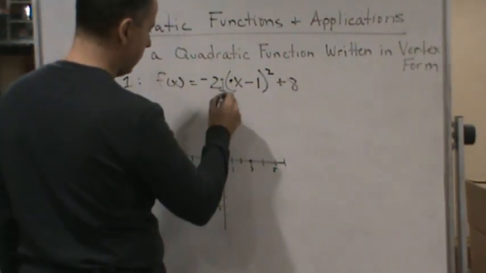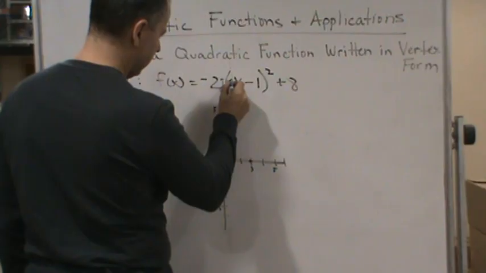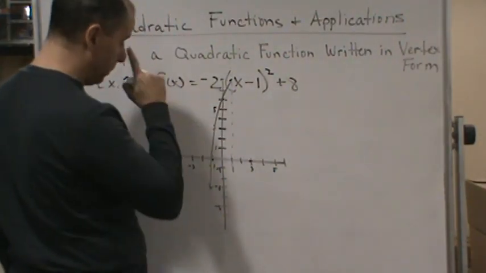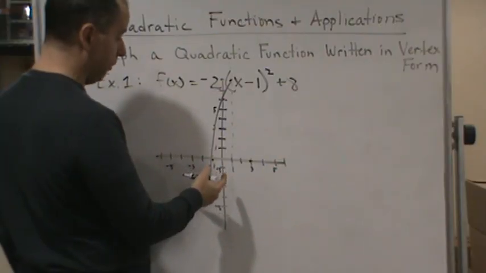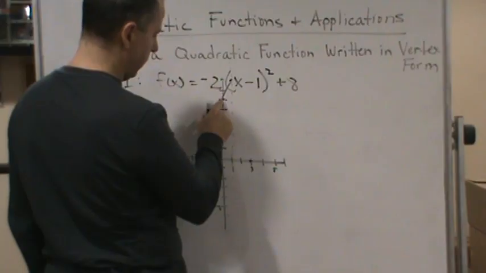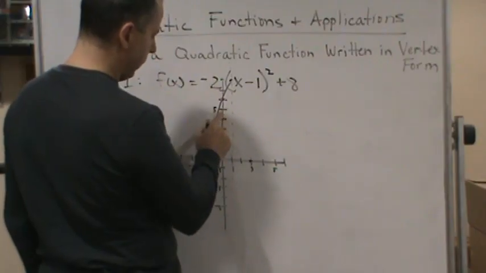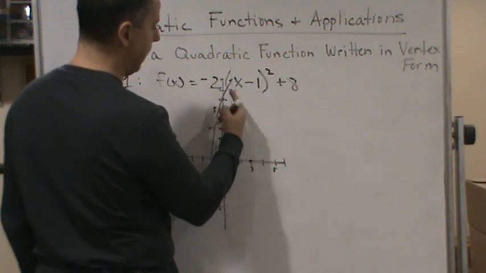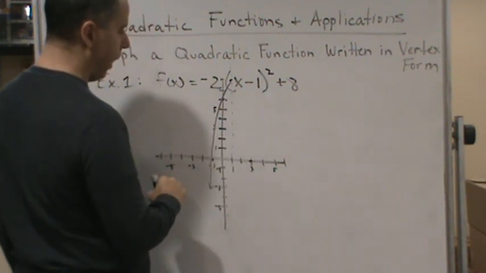Okay? And so we can use the symmetry to plot another point if we wanted to. If the y-intercept is here, then there's another point that's going to be the mirror image of the y-intercept.